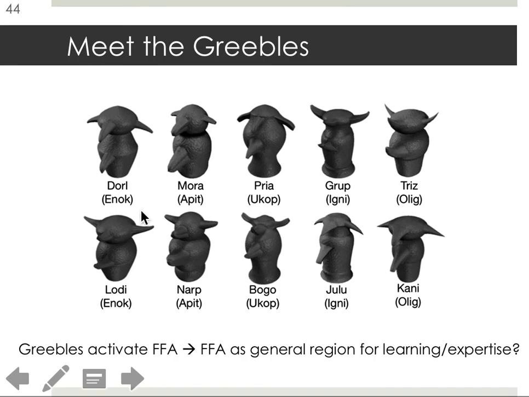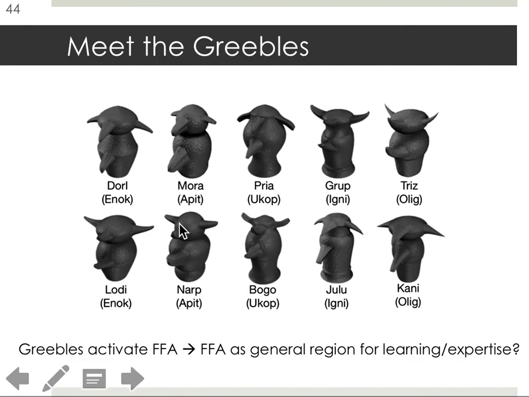And so what these researchers did was come up with a bunch of these three-dimensional creatures that were either in one family or another family, right? And they trained people over the course of days to discriminate between these different greebles and classify them into different families.